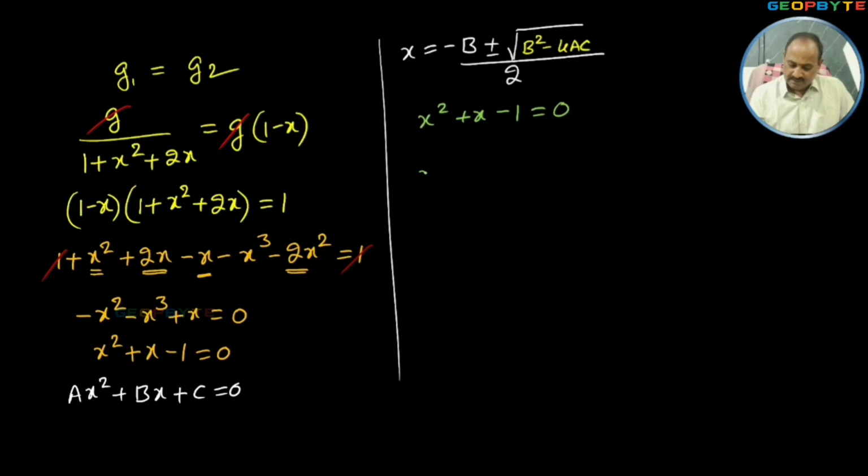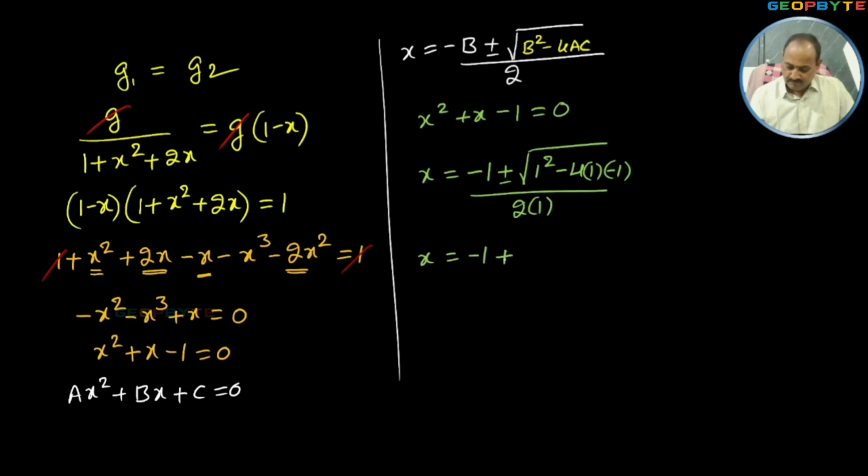Then x equal to minus b, that is minus 1, plus or minus root over b square, that is 1 square, minus 4 into a, which is 1, into c, which is minus 1, by 2a. x equal to minus 1 plus or minus root of 1 plus 4, that is 5, divided by 2. So it is equal to root 5 minus 1 divided by 2, right?